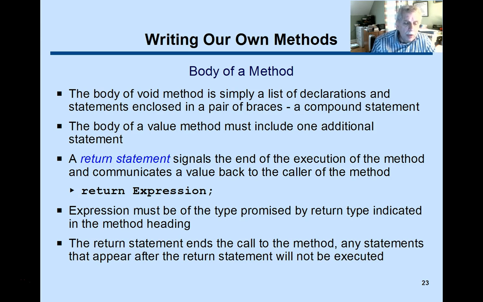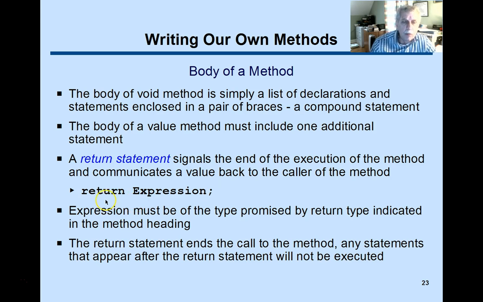When we write our methods, if it's a void method, we can simply terminate the code after our last executed instruction. But if it's a value returning method, we have to do one more thing. We have to communicate back to the caller the value that we want to return. We accomplish this by using what's called a return statement. When we write the code for the header of a method, we announce what kind of value will be returned.